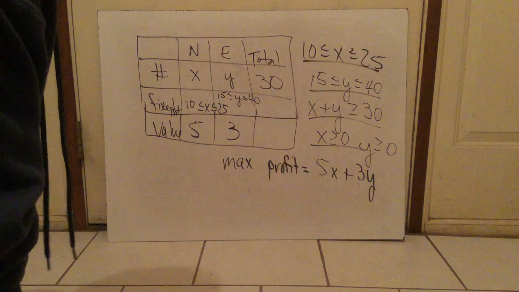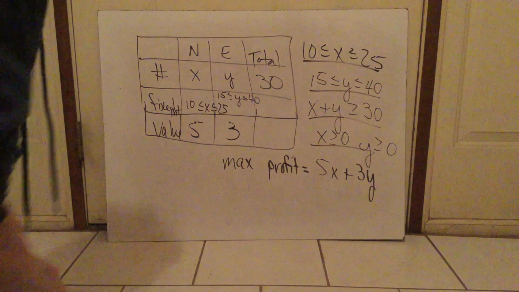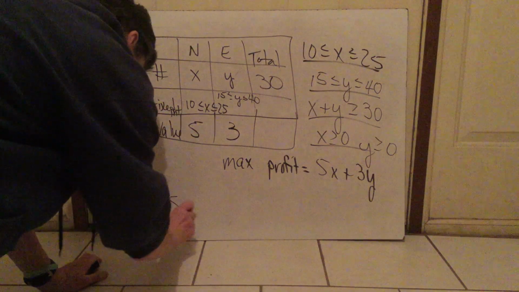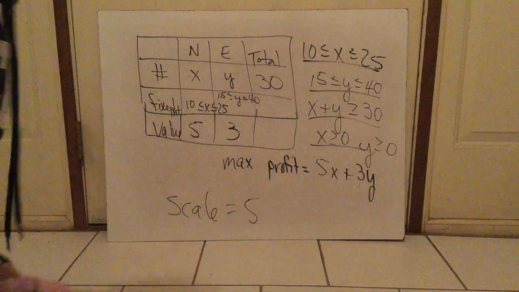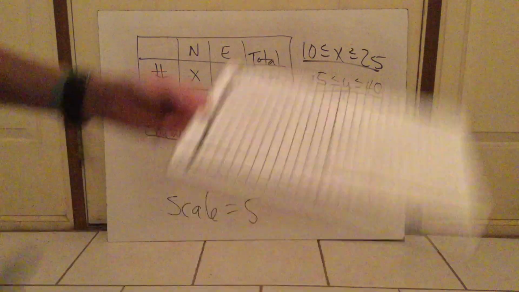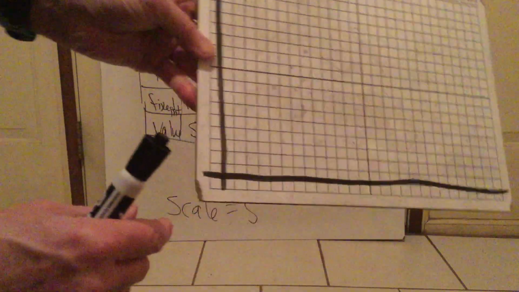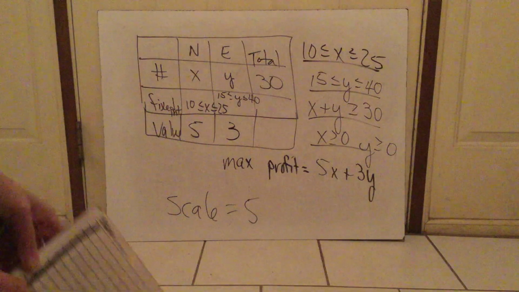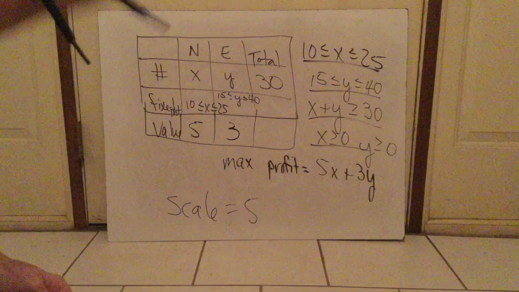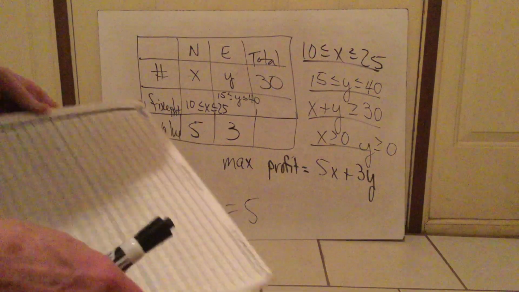Maybe we should let each box be worth 5. So I'm going to use a scale of 5, so that every mark on my grid is 5. So 5, 10, 15, 20, like that. Feel free to use the same scale on yours or make up whatever scale you want to use. It's completely individual.